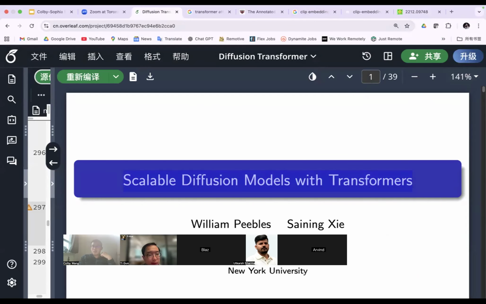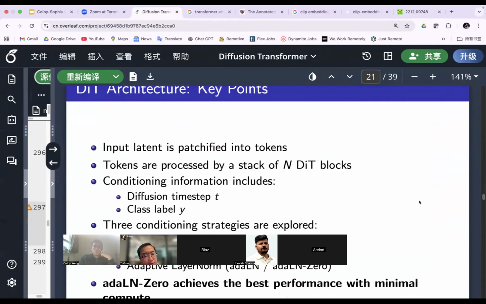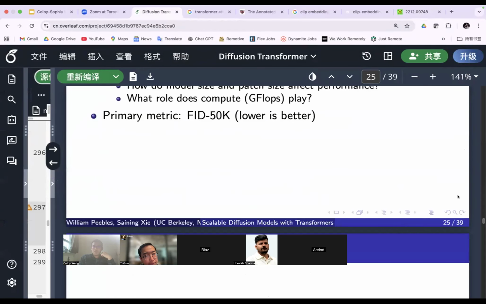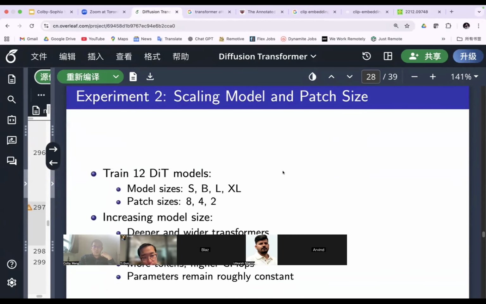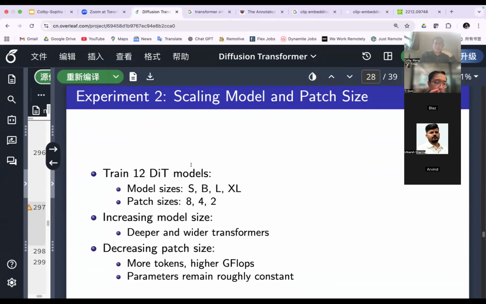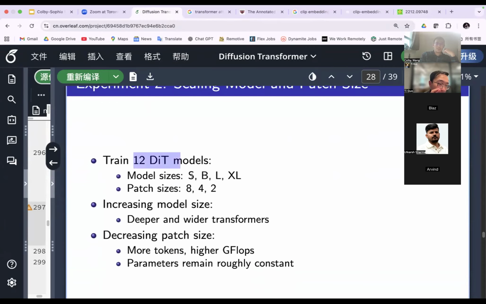Let's go back. So now we train a second experiment. We train 12 DiT models: size S, base, large, and extra large.